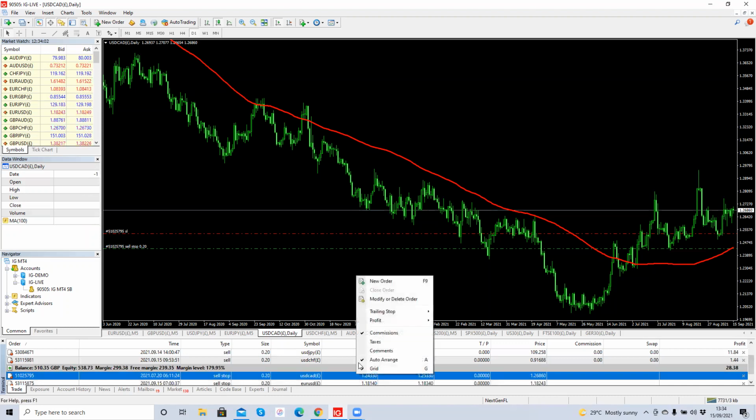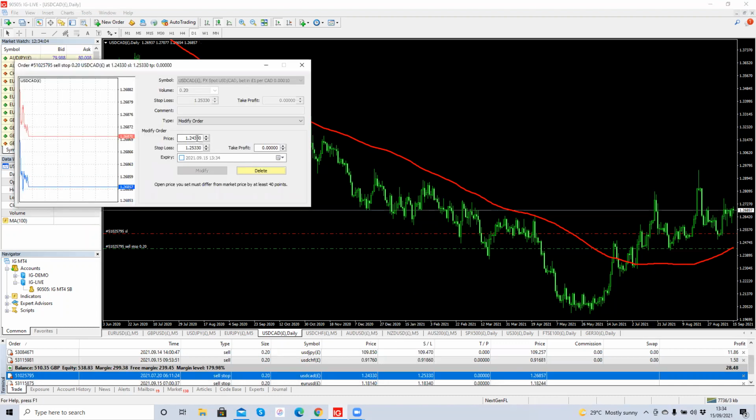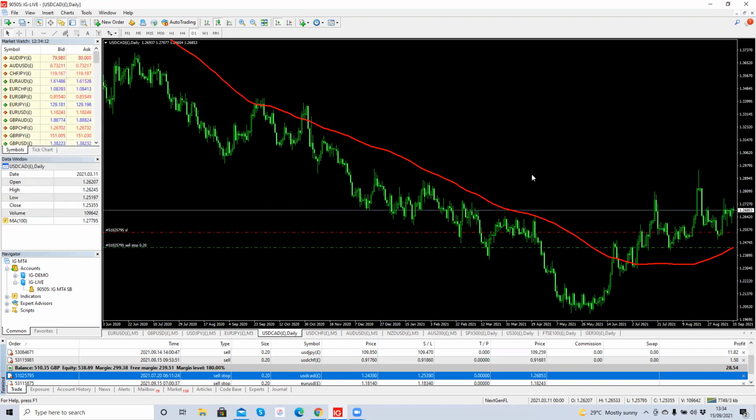So I'll just adjust that to 2439 and stop loss 100 pips to 539. So that's my pending sell swing trade order adjusted to just 2 pips below the moving average for today.